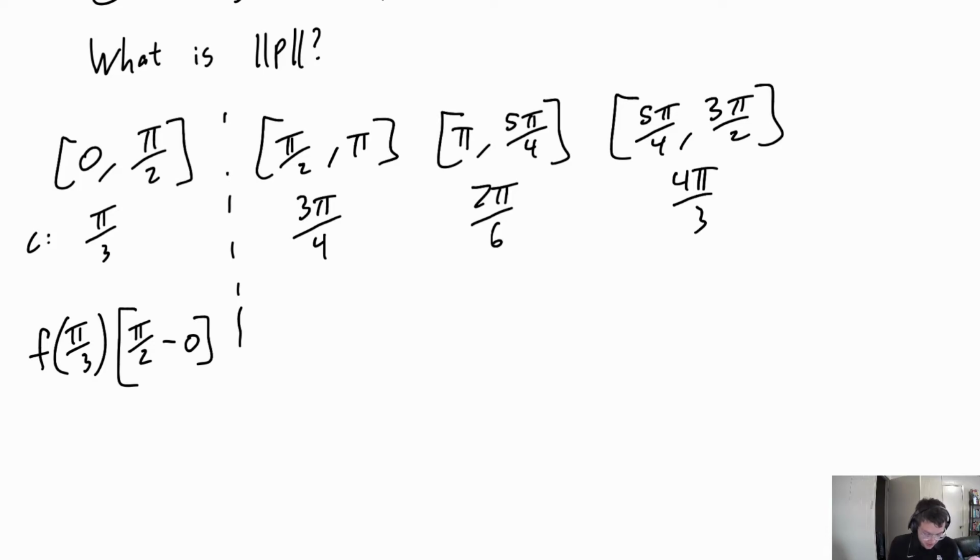Similarly, this also gives us a rectangle. The base length of the rectangle is the right endpoint minus the left endpoint, and the height of the rectangle is f of 3 pi over 4. So we're going to plug 3 pi over 4 into our given function. That tells us the height of the rectangle. And then the length of the rectangle is the right endpoint minus the left endpoint.